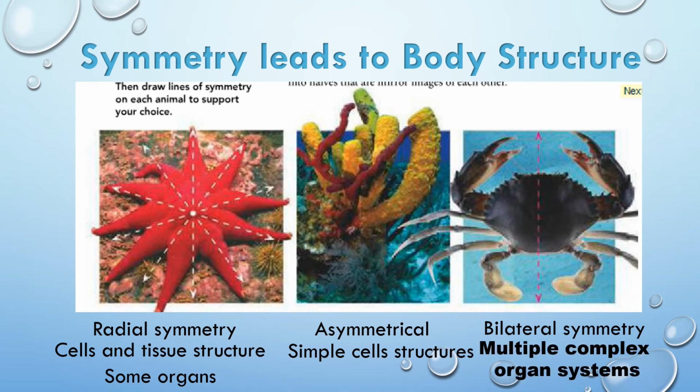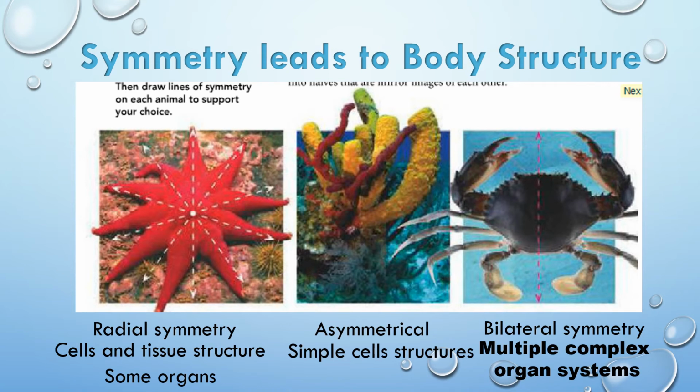So the bilateral symmetry is always going to have multiple complex organs and organ systems. It's going to have higher sensory organs like a nose for smelling and a mouth for tasting, and then ways to feel and eyes to see.